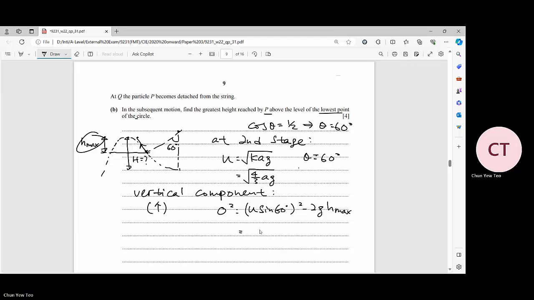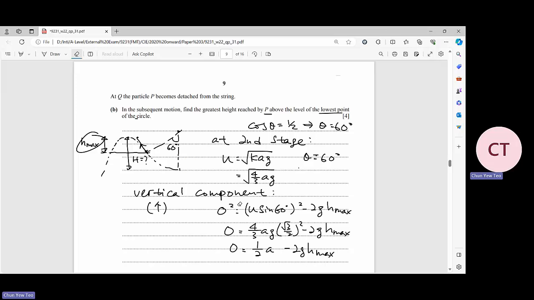So 0. Your u squared will be 4 over 3 ag, and then sine 60 will be square root of 3 over 2, squared, minus 2g of maximum height. So just pressing the calculator. I think I had better do it properly. So you get a half ag minus 2g h max.